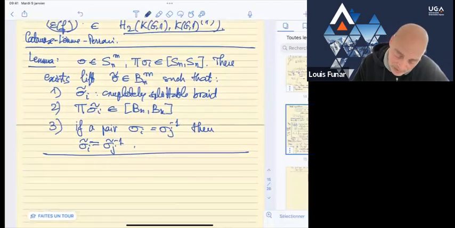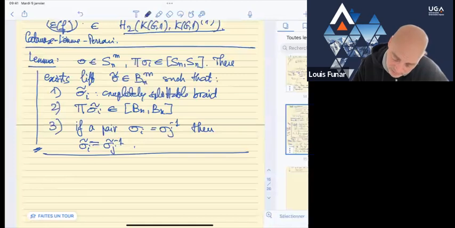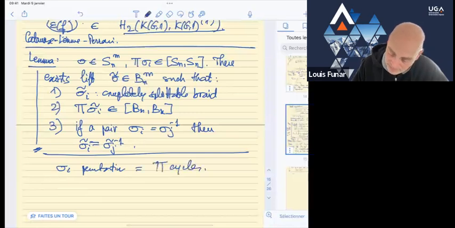To prove such a lemma, as I said, you have to see which are the completely splittable braids. Essentially, you take a permutation sigma I, you take a product of cycles, and essentially you want to lift cycles.